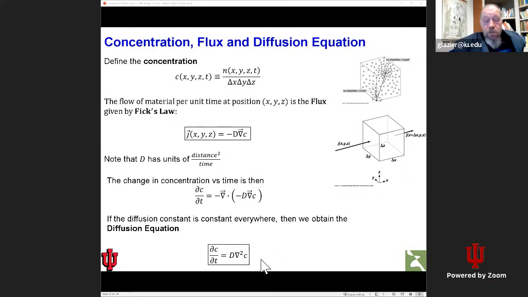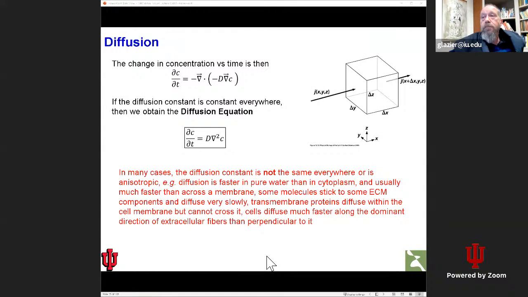If you have worked with the diffusion equation before, great. If not, the thing to remember is it tends to equilibrate concentrations in time. And so that's key. In COMSOL, we have the ability to write a situation where the diffusion constant is not constant, where it varies in space.